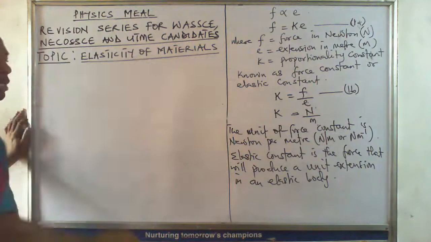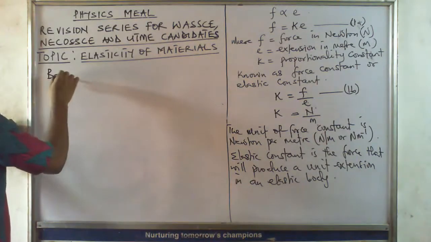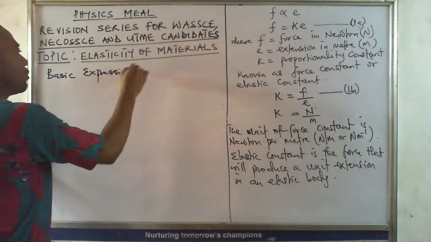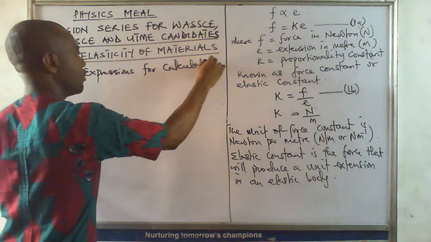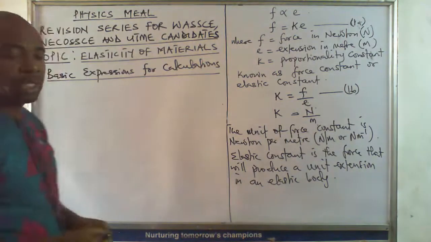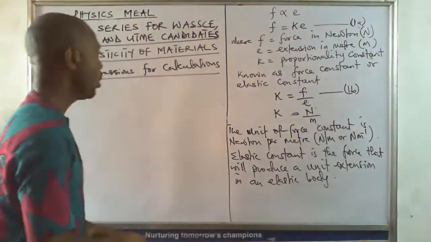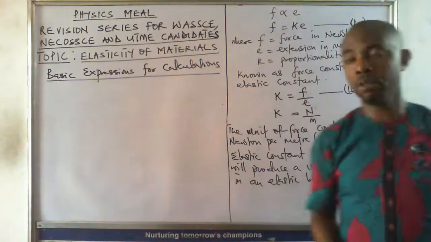So, basic expressions for calculation as far as elasticity of materials is concerned. Now, we have to see one or two expressions that will be very important in our calculations.